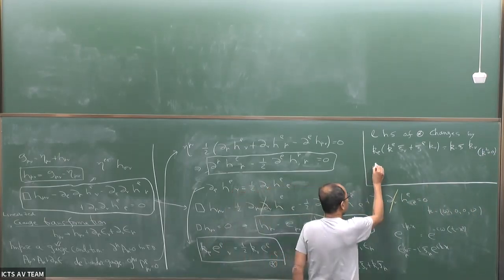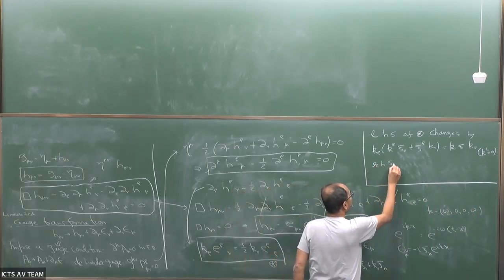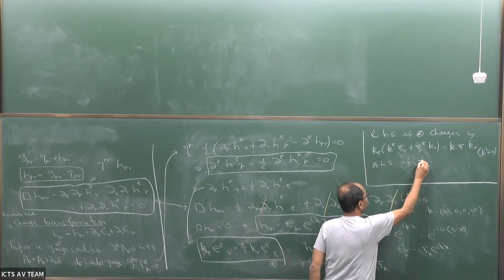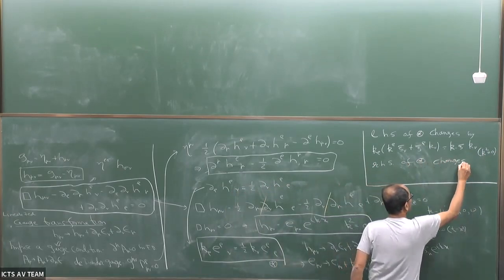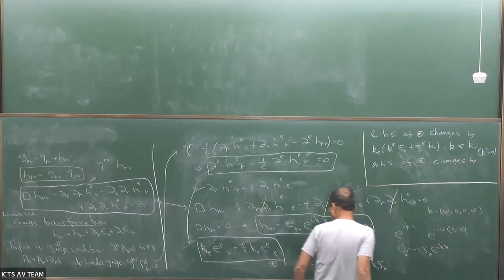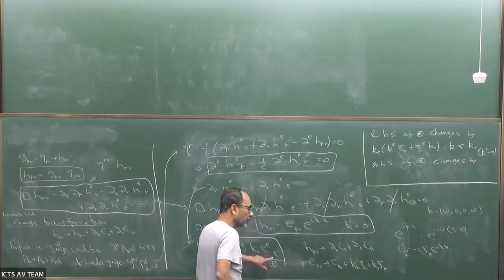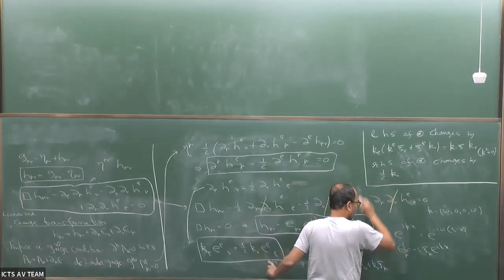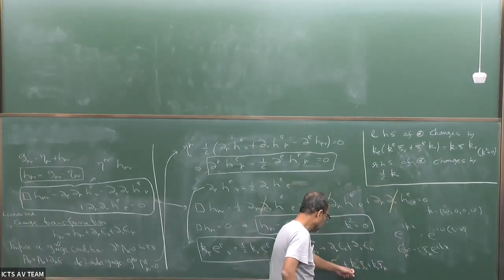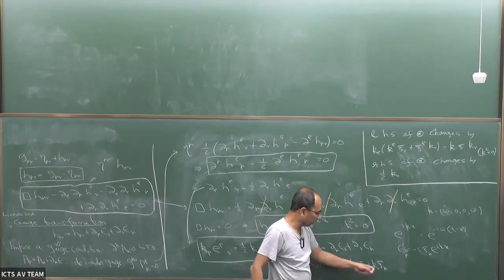The right hand side of star changes by half k nu e rho rho. So half k nu, and how much does e rho rho change by? This is k dot xi plus k dot xi.